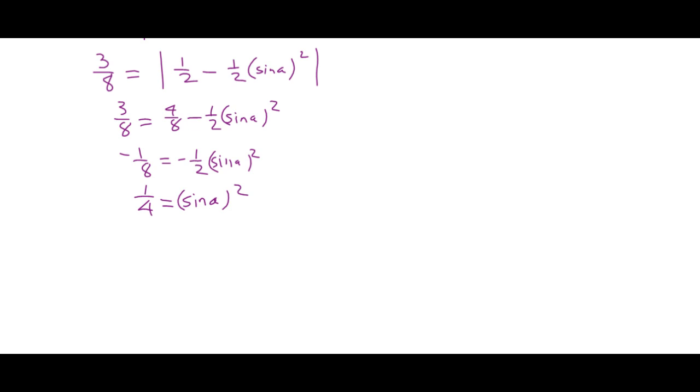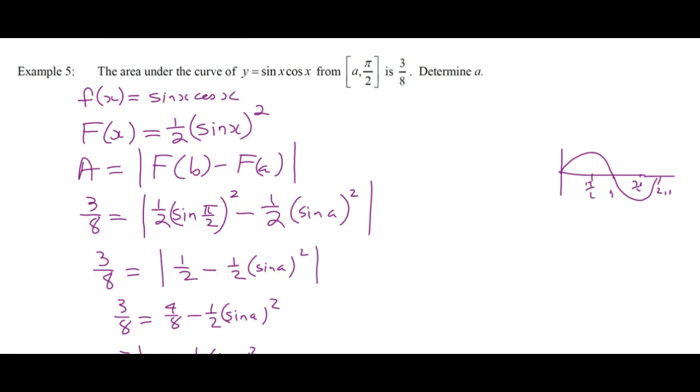So what's sine a? 1/2. Plus or minus a half, really. Now, seeing as we're looking for an area, we want our a to be below pi over 2, right? So we're just going to go with what?